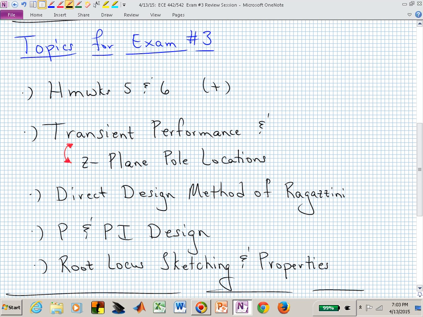You also need to be comfortable with the direct design method of Ragazzini, and that, for starters, is very closely related to this transient performance.